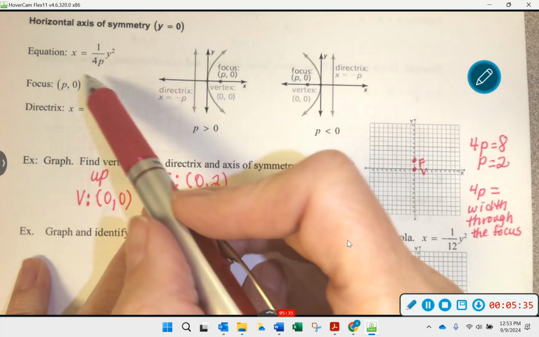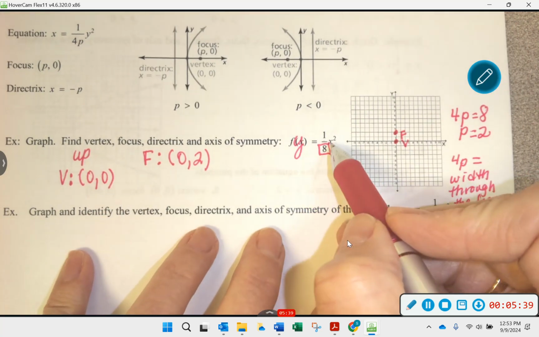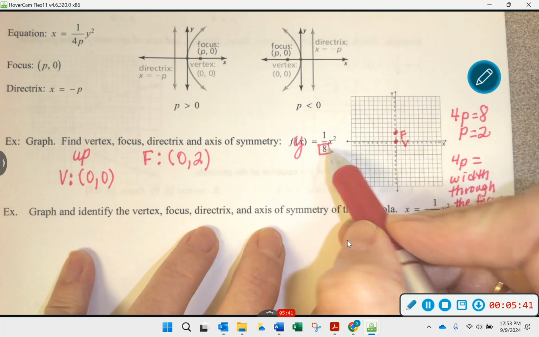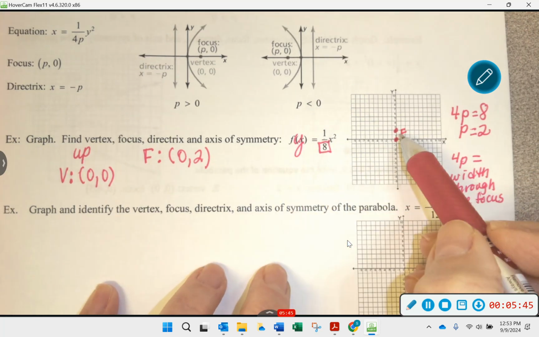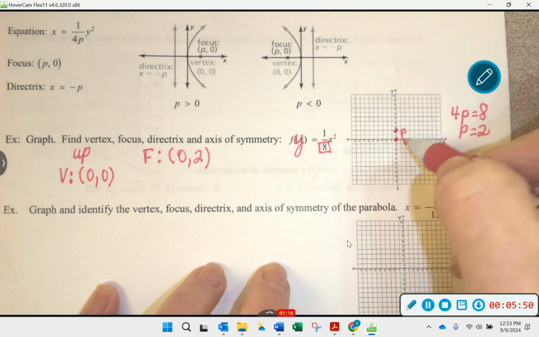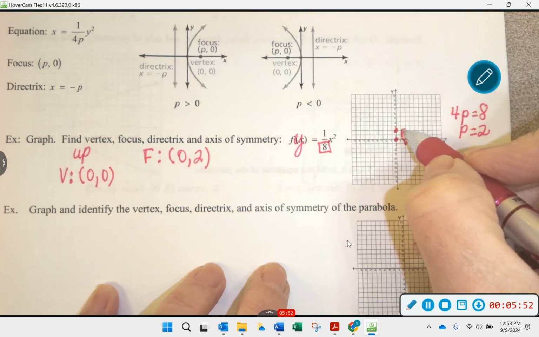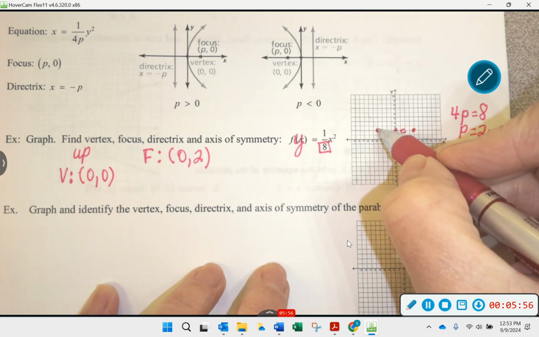The formula, it's always 1 over 4p. Okay. So what I was saying is that whatever this number is down here, that's just going to be the width through the focus. So we have to have a total width of 8 through this focus. So what that means, if it has to be a total of 8, I'm going to go to the right 4 and to the left 4.